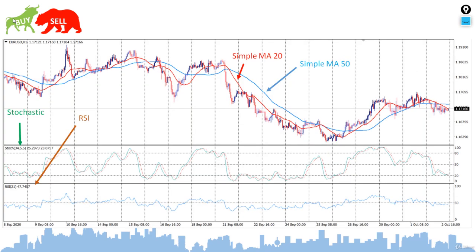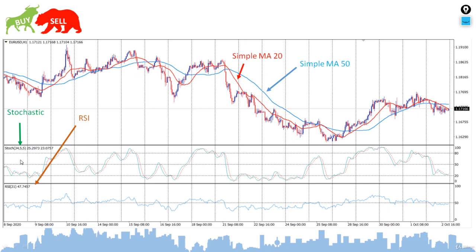So this is an illustration of my platform and how it looks. In the first place, we can see here the simple moving average 50 period in blue, and the second simple moving average in red, which is the 20 moving average, simple also.